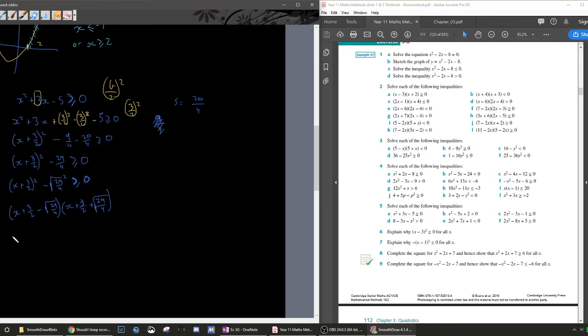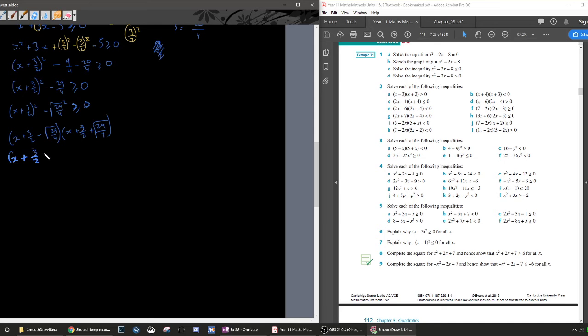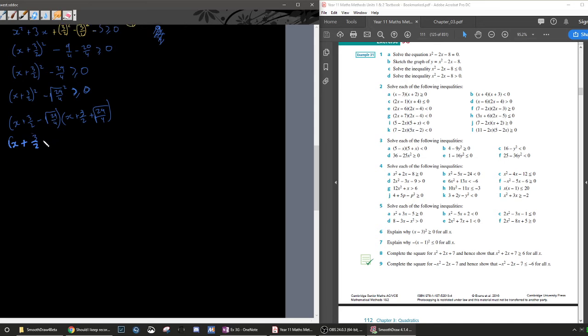So that's the same as, I don't know why my pen size is big. So it's going to be the same as 3 on 2.